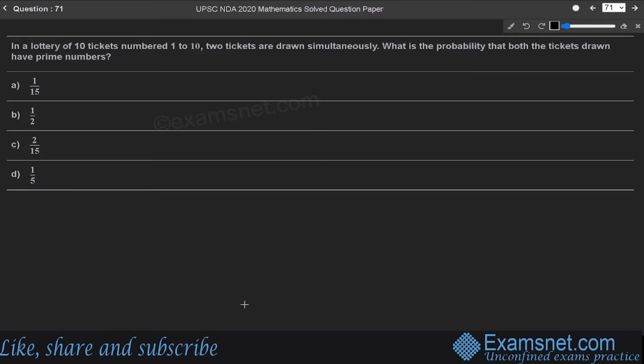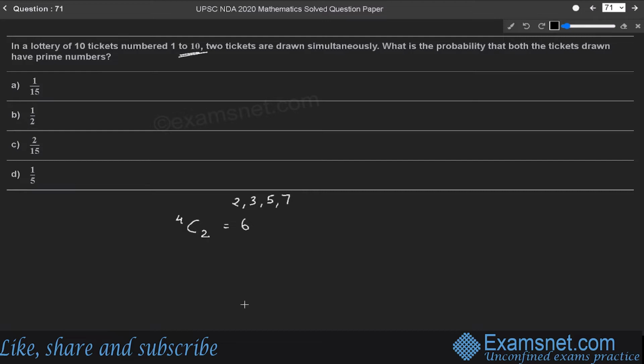The prime numbers between 1 to 10 are 2, 3, 5 and 7. These are the 4 prime numbers, and out of 4 prime numbers we have to select 2 prime numbers. So the number of ways of selecting 2 prime numbers out of 4 prime numbers is 4C2, which will be equal to 6. Now the number of ways of selecting 2 numbers out of 10 numbers.